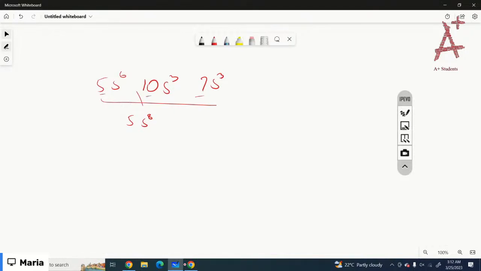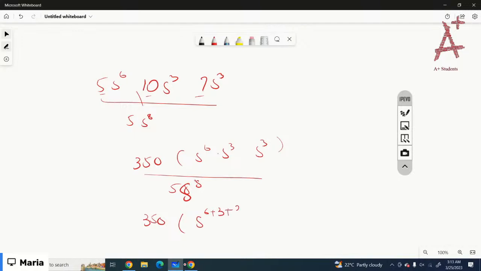So 10 times 5 is 50 and 50 times 7 is 350. Here you have s6, s3 and s3. When you are multiplying the variables, you are going to add their powers. It will be 350 s to the 6 plus 3 plus 3, divided by 5 s8. So it will be 350 s12 divided by 5 s8. 350 divided by 5 is 70.